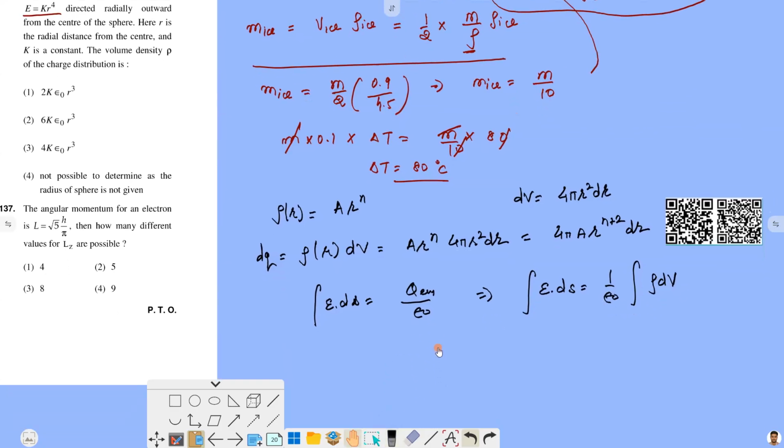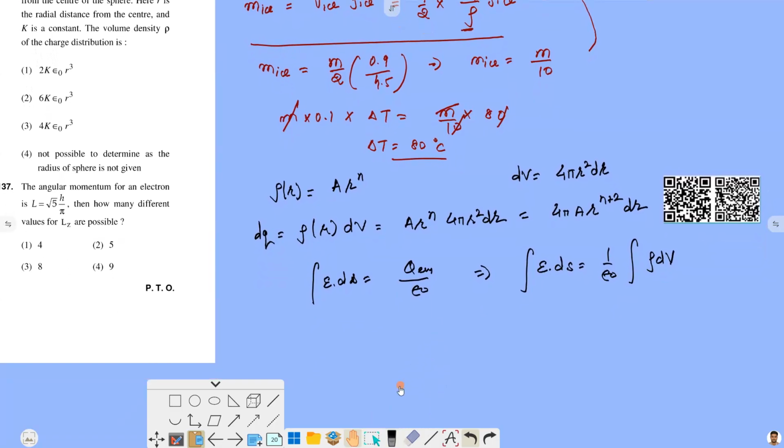So let's find out the electric field up to distance r, so here we will have the integral from 0 to r. This will give us E into 4 pi r square is equal to 1 by epsilon naught times the integral of this term with upper limit r and lower limit 0. So 4 pi A is constant, and integration will give us r raised to n plus 3 divided by n plus 3.